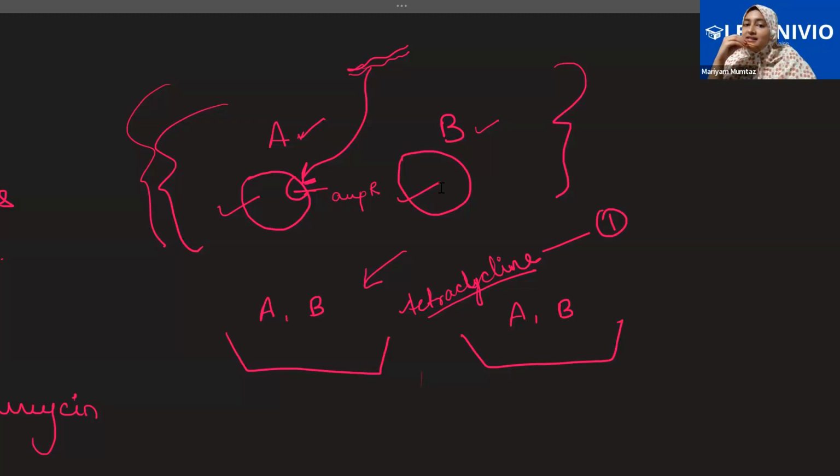A lost its resistance to ampicillin, but not tetracycline. Meaning, if I put tetracycline, both of them will survive. None of them will die. But if I put ampicillin now, since A has lost the resistance to it, so A will die, B will survive.